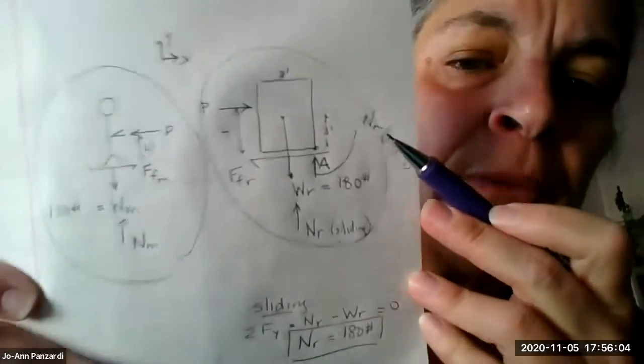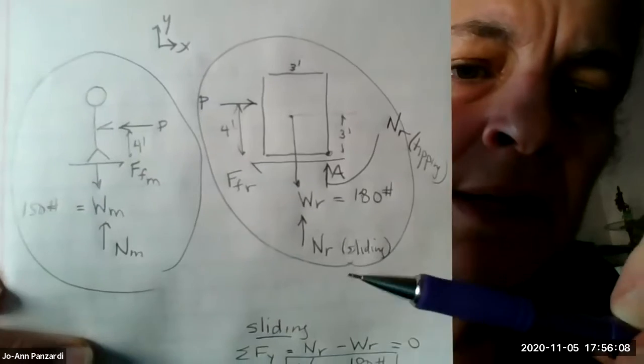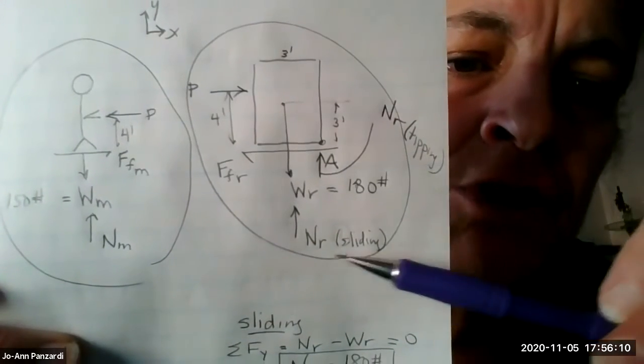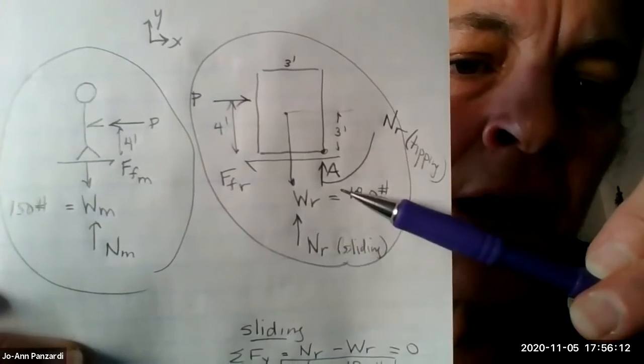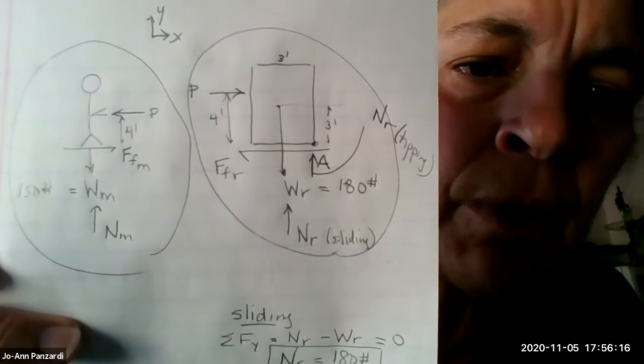But then when I do tipping, so keep one free body diagram. Let's not spend more time drawing a free body diagram. What I did is I put N for the refrigerator for sliding here, but N moves to here for tipping. Does that make sense to everyone?